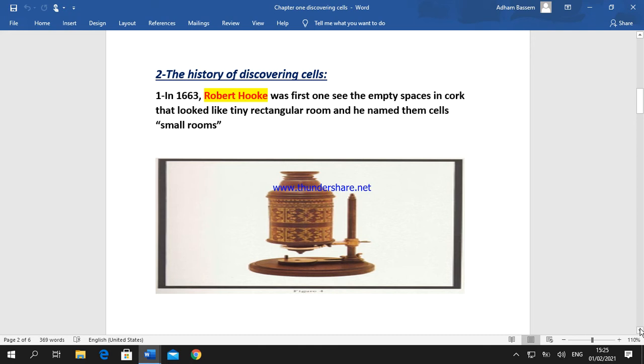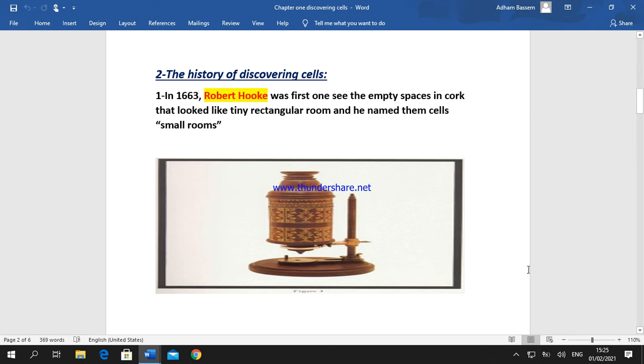Robert Hooke used his microscope, this is Robert Hooke's microscope, to examine the cork. He saw empty spaces inside the cork that looked like tiny rectangular rooms, so Robert Hooke named them cells. Cell is a Latin word meaning a small room.